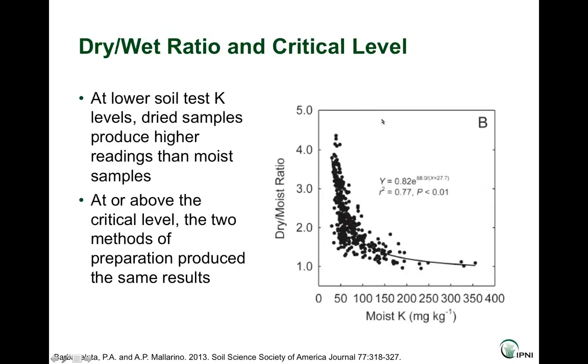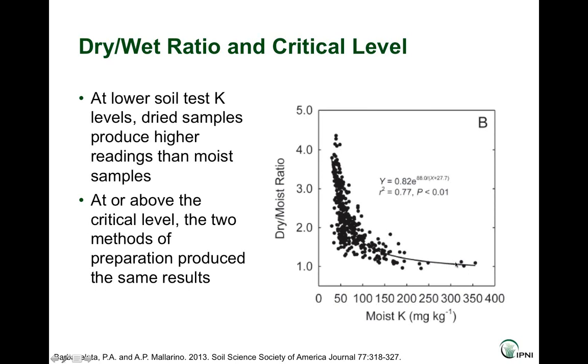One of the things, and you could probably anticipate this from our earlier discussion, is that the difference between the dry and the moist preparation differs with soil test level. What I'm showing in this graph is that at the lower soil test K levels, if we look at the dry to moist ratio, the dry test produces much higher values as soil testing results than does the wet method of preparation.